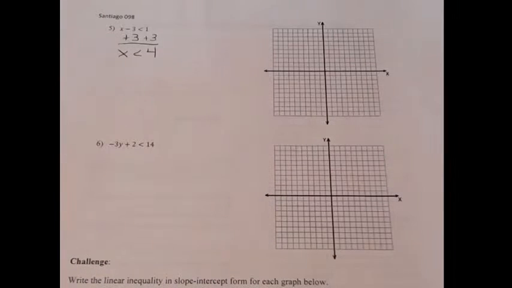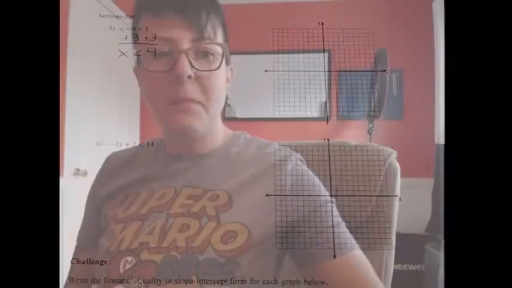Now, this is interesting because we have to go back to what the graph of the line looked like for something similar to this. So for instance, x equals 4. When we think back to graphing x equals 4, I hope you all recall that that was a vertical line, right?